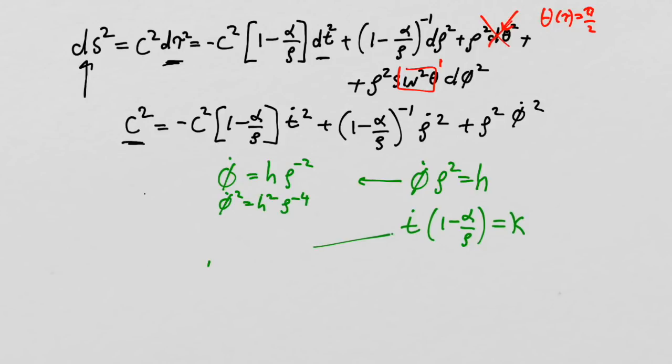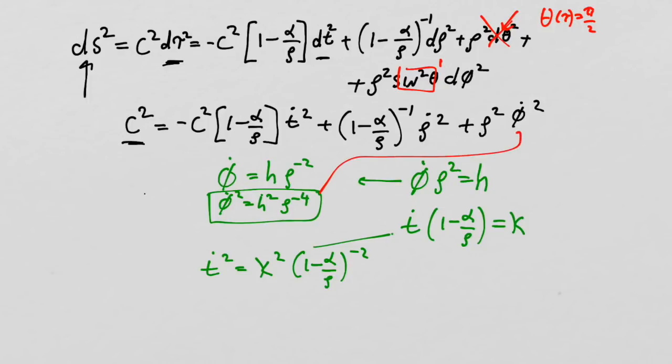And then this one implies that t dot squared, let's see if I can just do it all at once, is kappa squared times 1 minus alpha over rho to the minus 2, right? So now I can take this and substitute it. Let's do it in red. I can take that and substitute it right there, and I can take that and substitute it right there, and that eliminates those two derivatives.